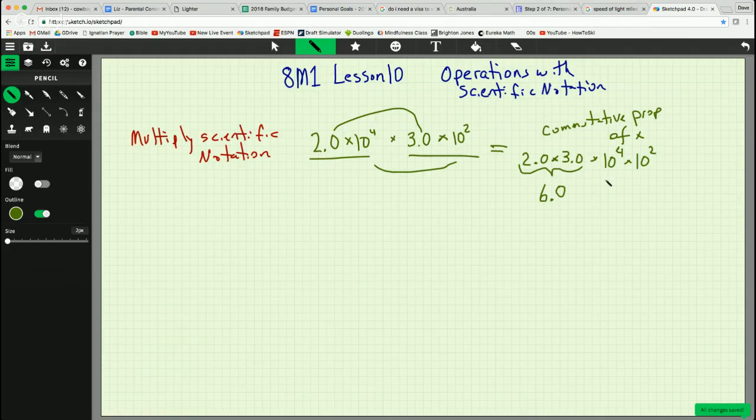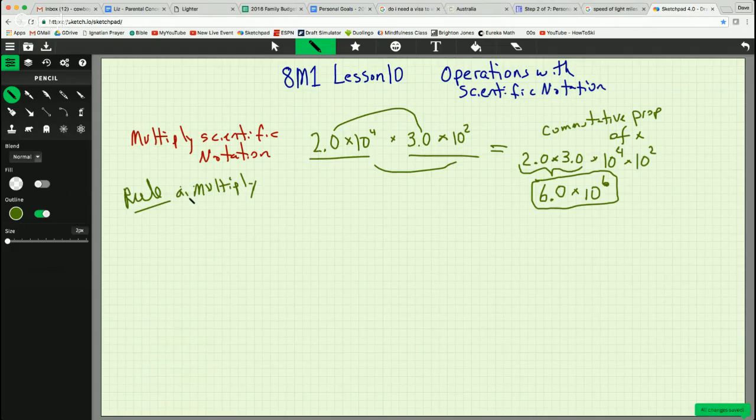And 10 to the fourth times 10 to the second is 10 to the sixth power. So notice, all we've done when you multiply numbers in scientific notation is this. This is the rule.